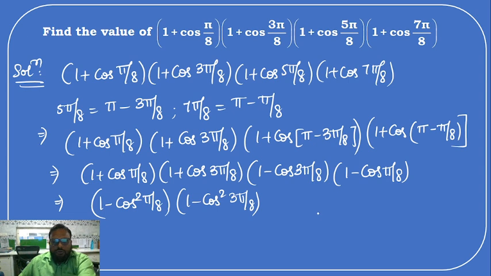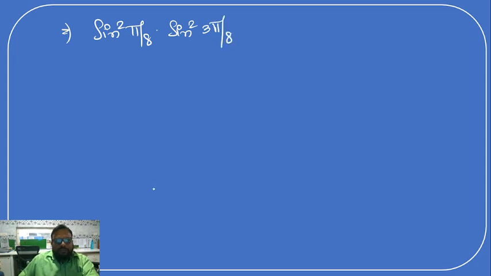We know 1 − cos² θ is sin² θ. So I will get sin² π/8 into sin² 3π/8.